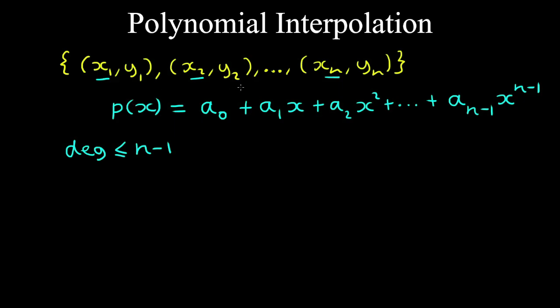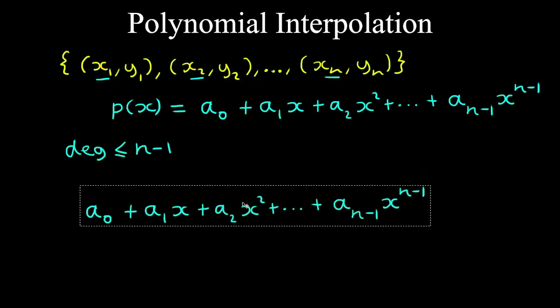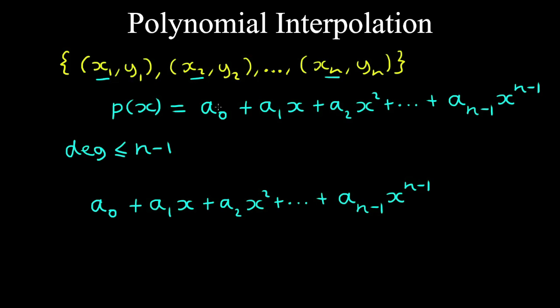Given this interpolating polynomial has to pass through these points, then the coordinates must satisfy the following equations. So if we just copy this equation out, our first equation involves the coordinates x1 and y1. So we'll just replace these variables with x1, and that's equal to y1.